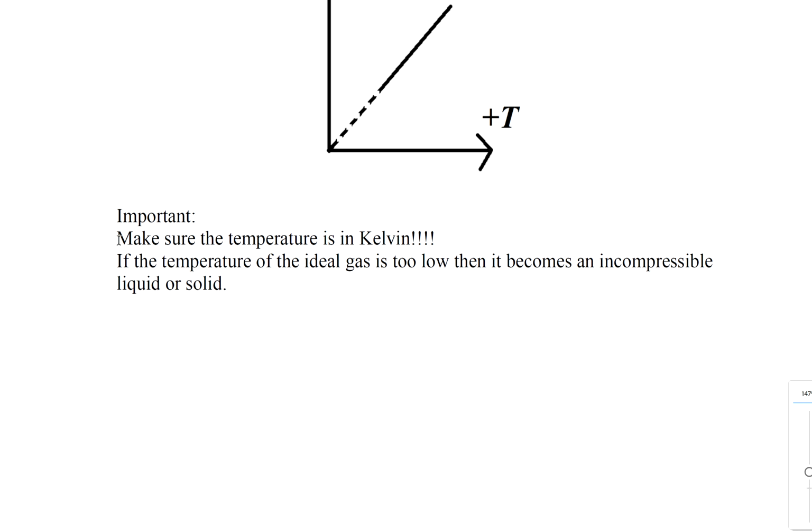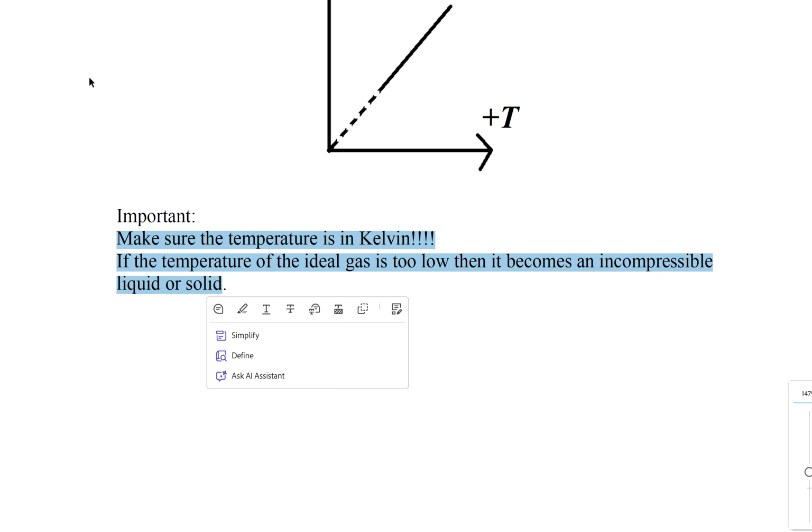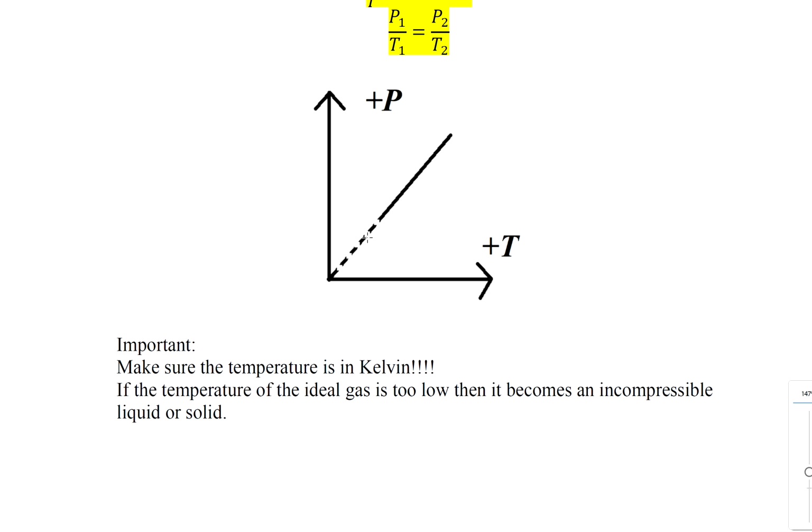Make sure temperature is in Kelvin. And once again, the reason why we have a dotted line here is because the temperature cannot start at absolute zero. It has to be a bit above it. Because if the temperature is too low, the gas becomes a liquid.